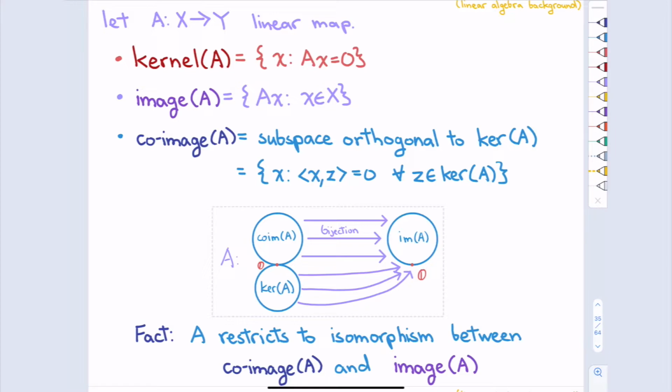Okay, so one way to interpret what the kernel and the co-image is doing, so you roughly take the entire input space X and you split it into two orthogonal subspaces. One is the kernel and one is this co-image. Okay, the kernel, it's all getting mapped to the 0. Meanwhile, if you just restrict A to the co-image, then you're actually going to get a bijection with the image.